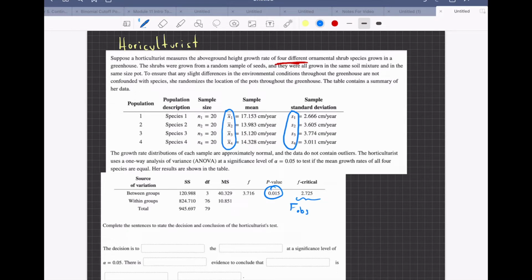So H0 would be that species 1 is equal to species 2, species 3, species 4. The alternative is that at least one is different.